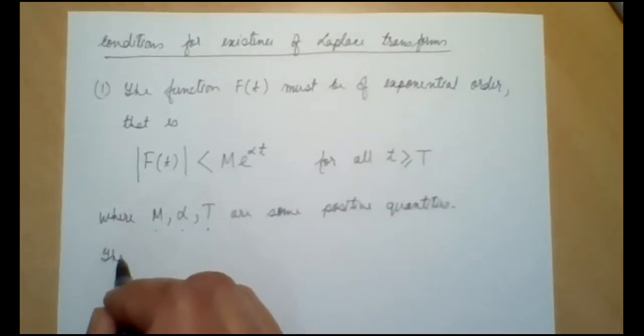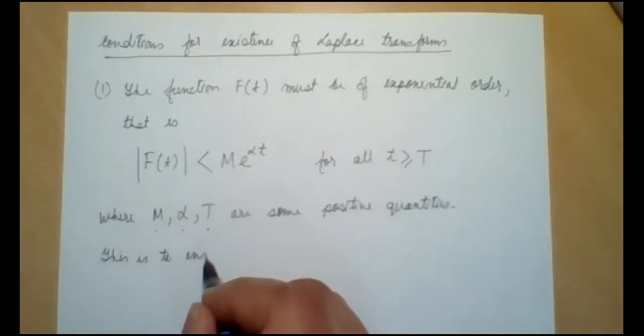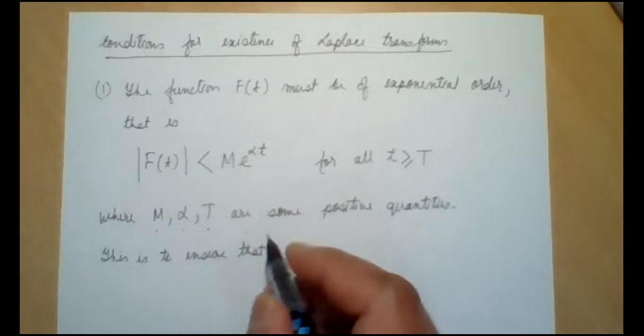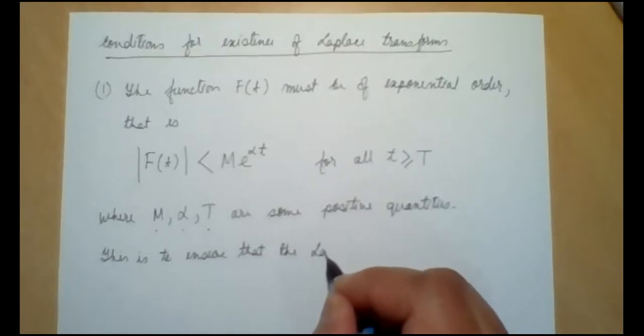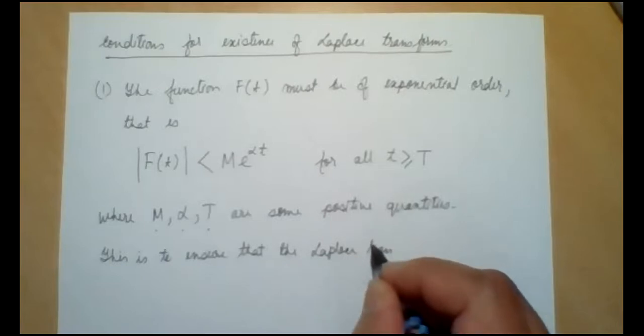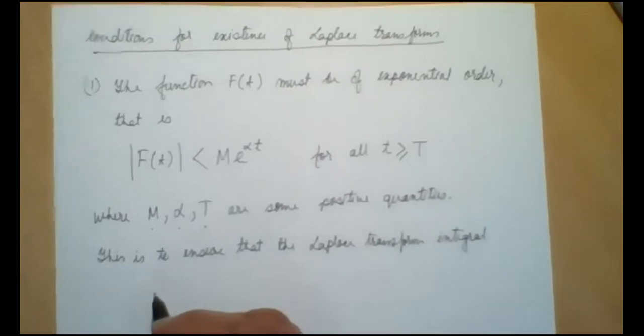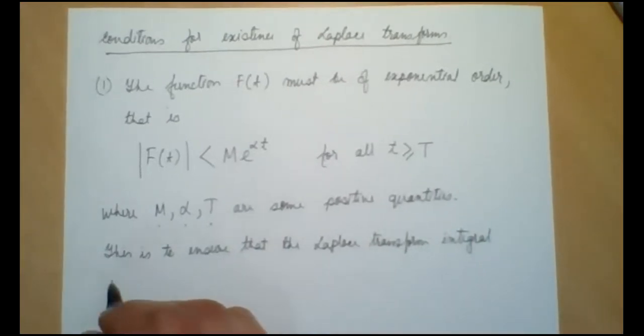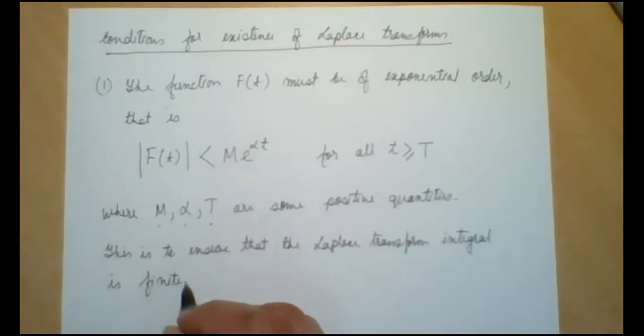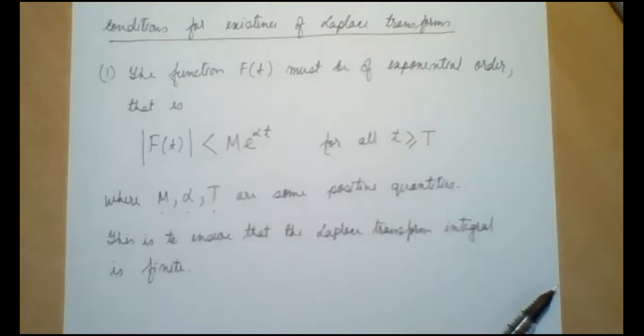And this is to ensure that the Laplace transform integral is finite. Okay, so this condition that the function f(t) must be of exponential order ensures that the Laplace transform integral is finite. That means the function does not grow too fast.